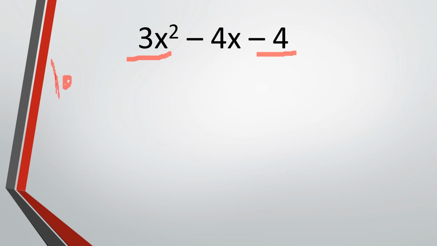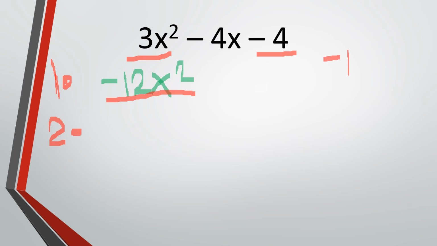If you have 3x squared multiplied by negative 4, the answer is negative 12x squared. Okay. Alright, we are done with step 1, so let's proceed with step 2. As for step 2, let's focus here on the negative 12x squared.